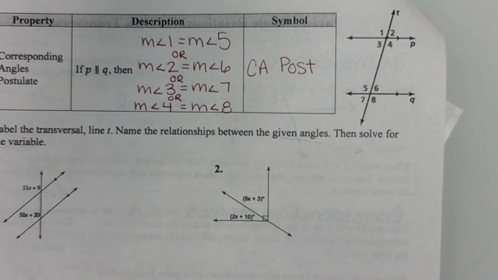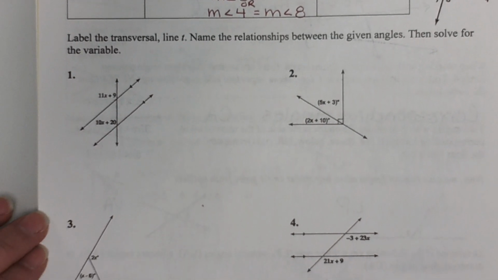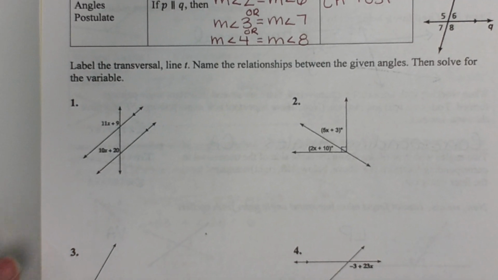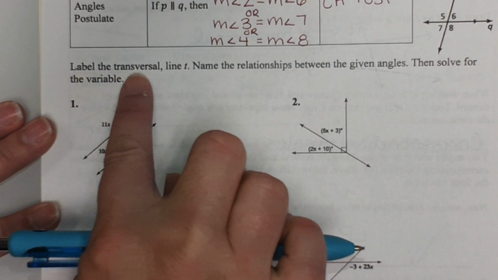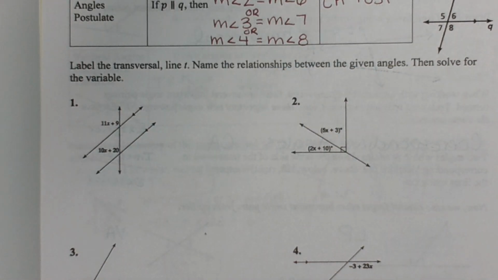So, we're identifying angle pairs, and we're solving again. Label the transversal T, name the relationship between the given angles, and solve. So the transversal is the line that goes through 2 other lines.